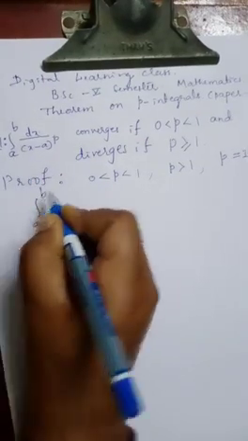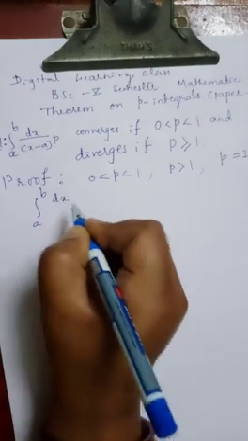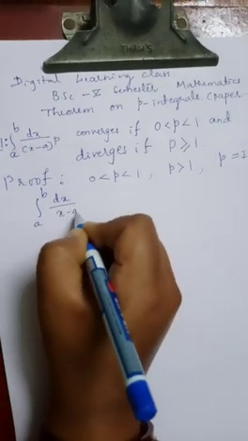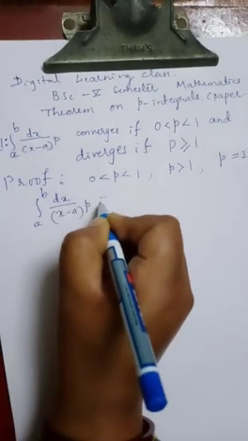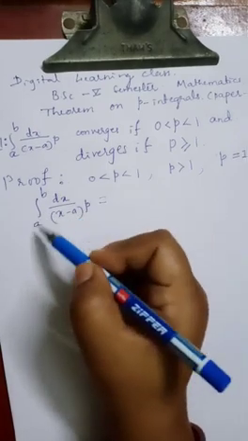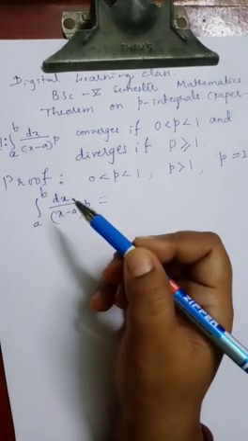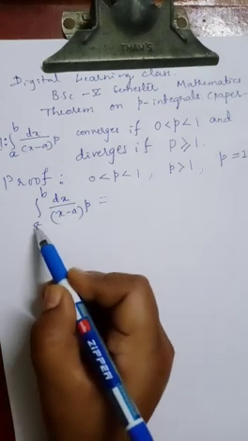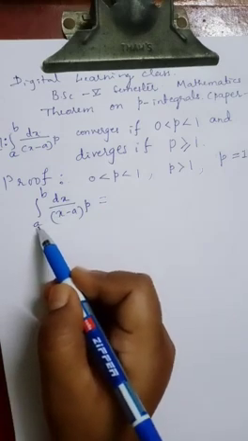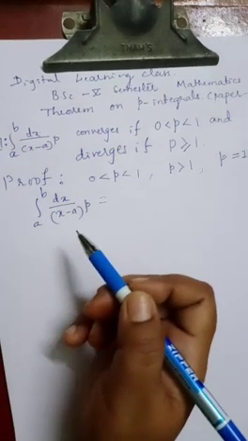Here, the integral from a to b of dx by (x minus a) raised to p is an improper integral where the lower limit a is the point of discontinuity.